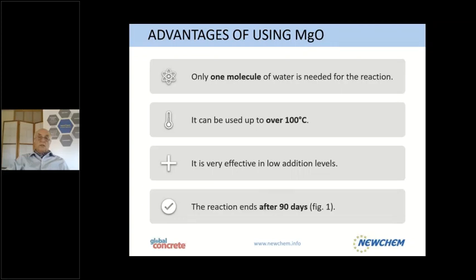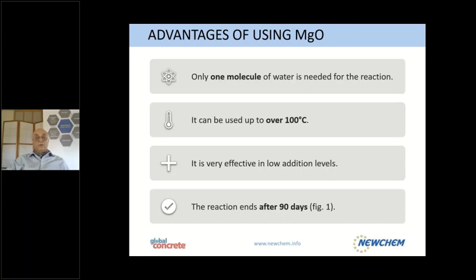Now, magnesium oxide, as we have seen before, uses only one molecule of water to double its volume. That is important because, as we mentioned before, we are working with reduced water in the future to get better strength.